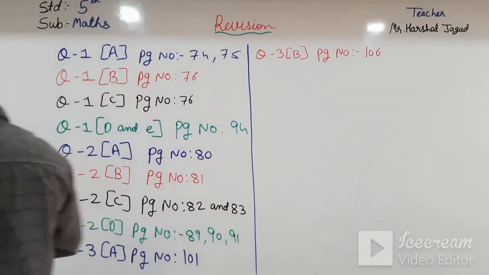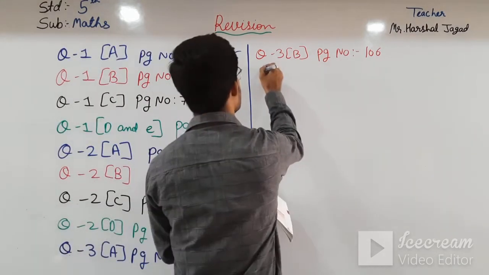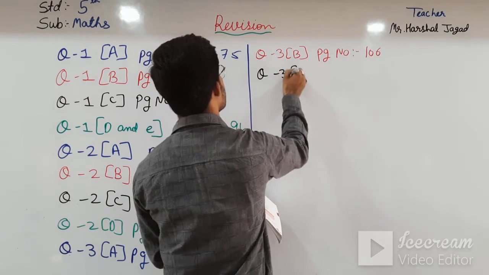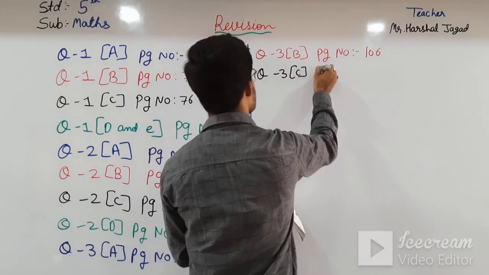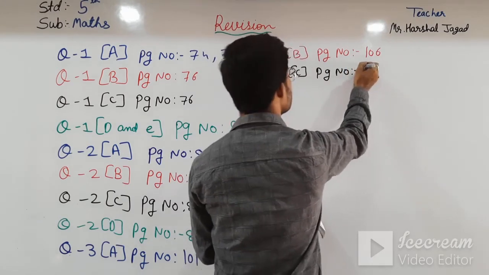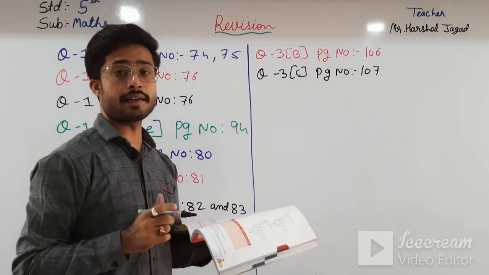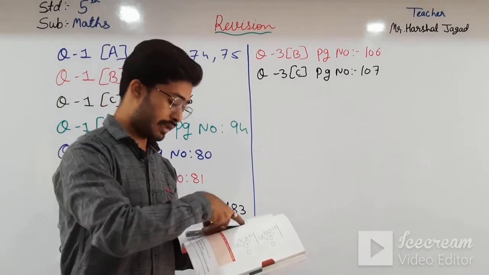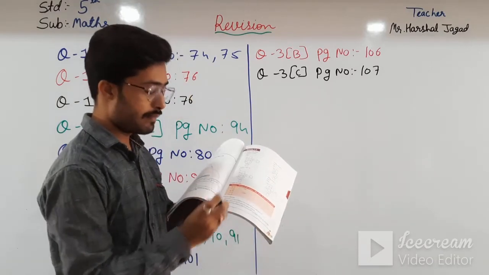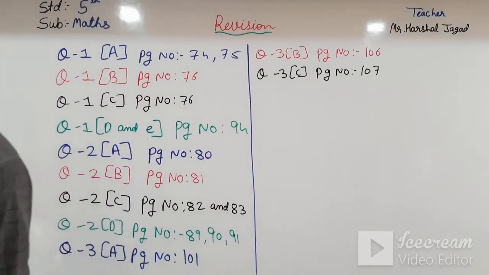See here, I am writing over here only. So question 3c, that is on the page number 107. The story, solve the story sums. In question number 3 it is given. Okay students, like that it will be asked. Okay, moving further.